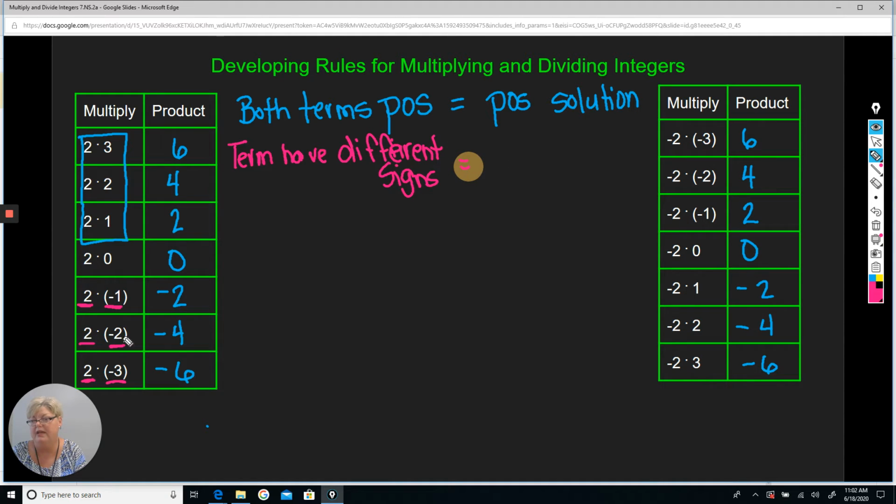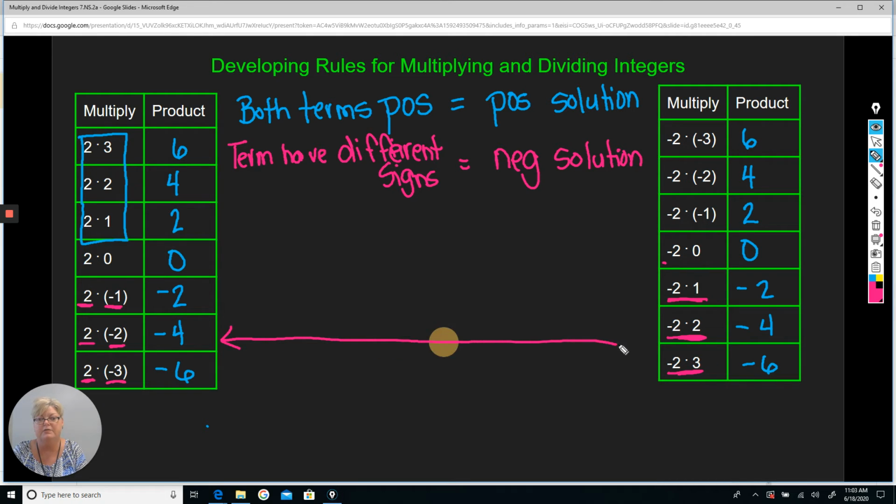The terms have different signs, so the solutions were negative. That would be a negative solution. Well, look right here. These also have different signs: -2 times 1, -2 times 2, -2 times 3. They have different signs, and it gives us a negative solution. So those match up.